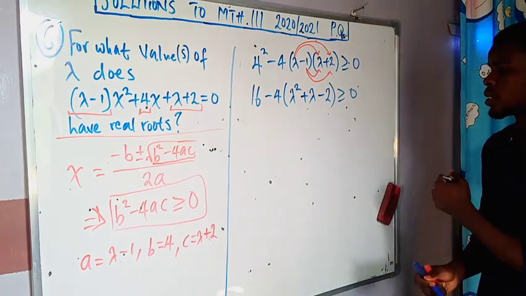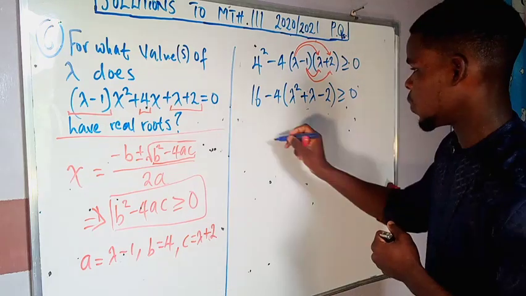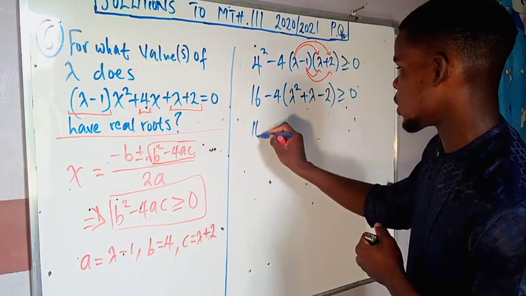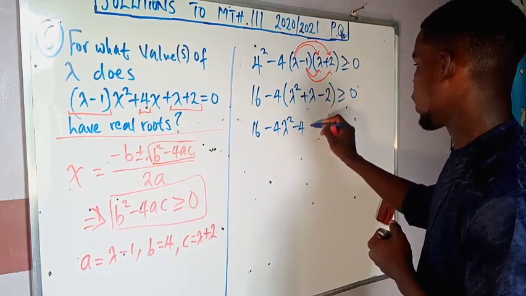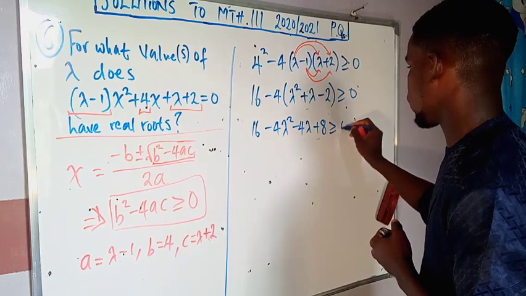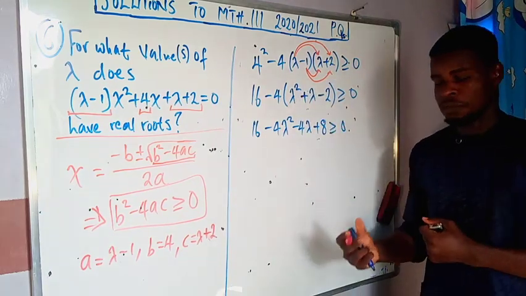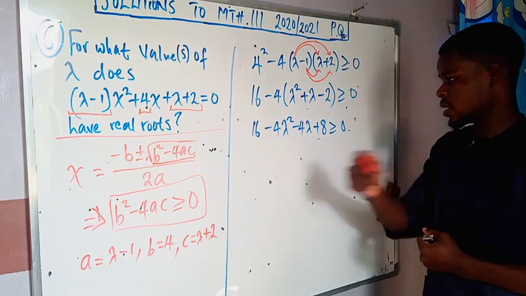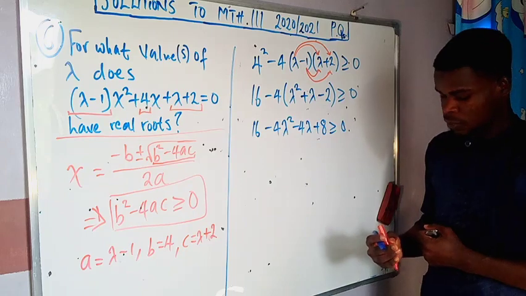Very nice. Now let's expand the 4 to everybody inside the bracket. We're going to have 16 minus 4 lambda squared minus 4 lambda plus 8, and this is greater than or equal to 0. We can add some terms, like the 16 and the 8, and at the same time let's multiply through by negative 1.